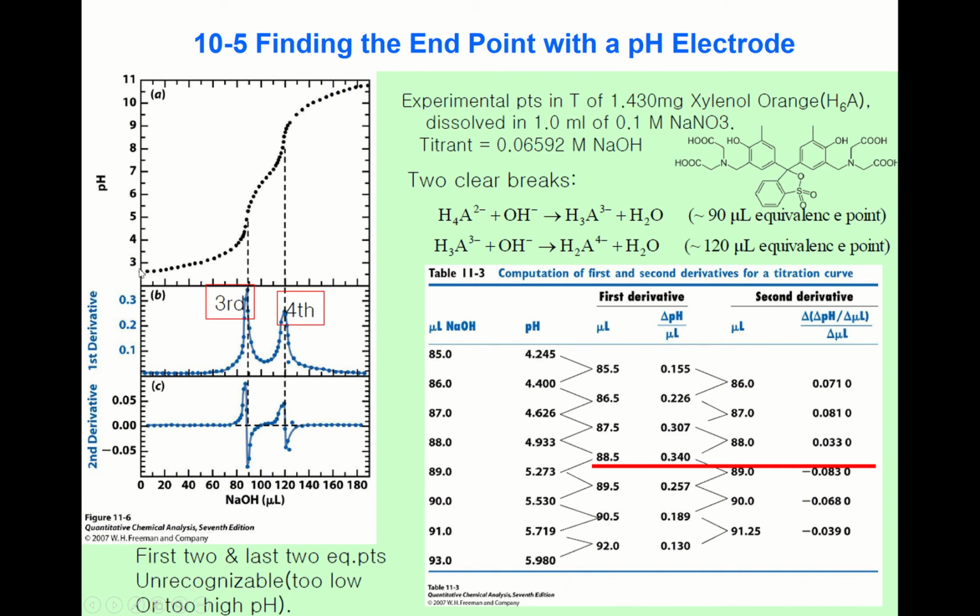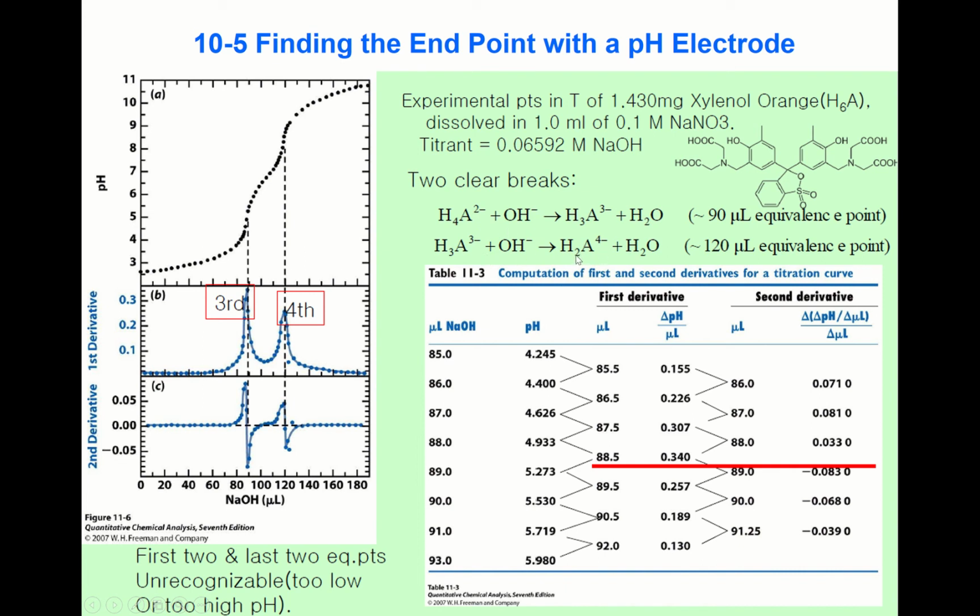Only the third and fourth ones. The third equivalence reaction is this one: H6A has already lost 2 protons, and the starting form is H4A2-, which reacts with a strong base and becomes this species, and then this species reacts with hydroxide ion and becomes this one.